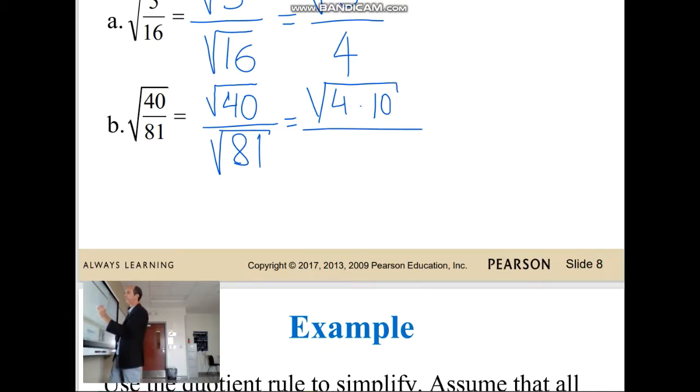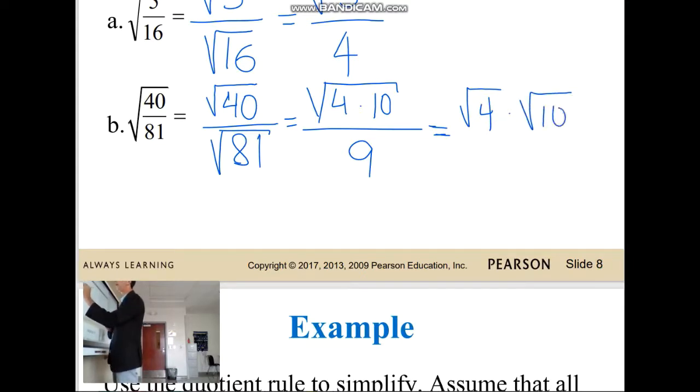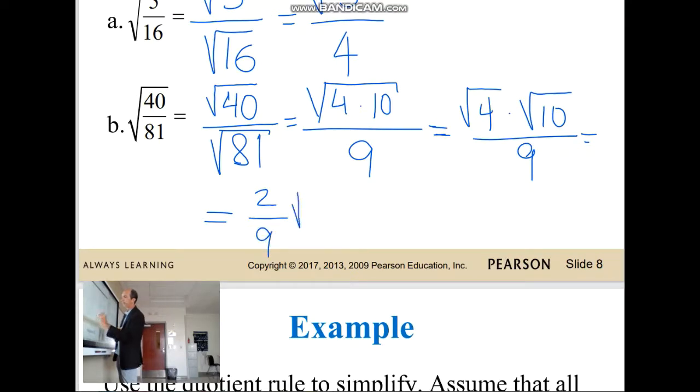We know the square root of 81 is 9. On the numerator, we can split into the square root of 4 times the square root of 10, over 9. And this is going to be equal, the square root of 4 is 2, so 2 square root of 10 over 9. That's the answer.